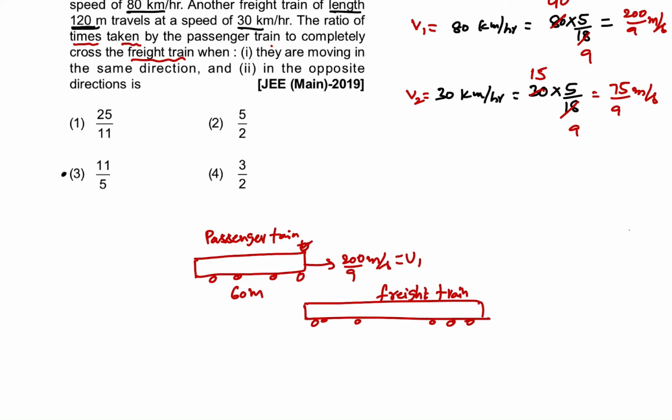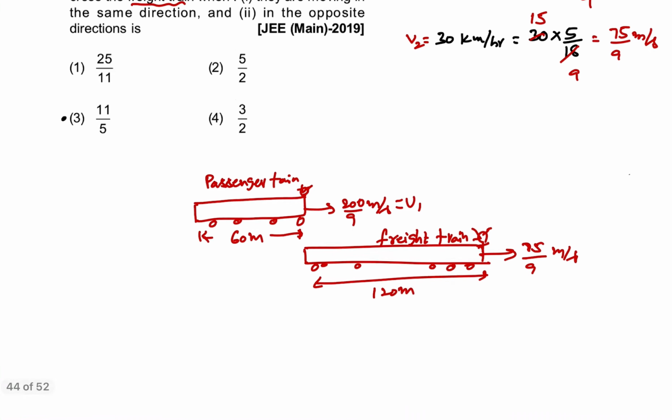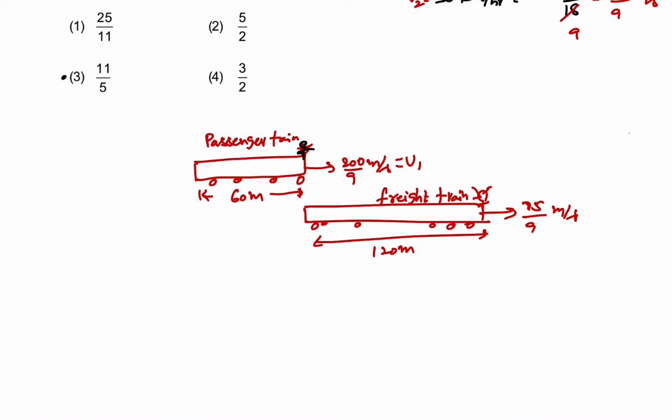See, the engine is located here. Let us consider this engine. This freight train is moving with 75 by 9 meter per second. This distance is equal to 120 meters. First the passenger train is 60 meters. You observe this.